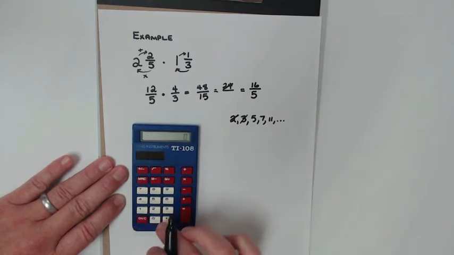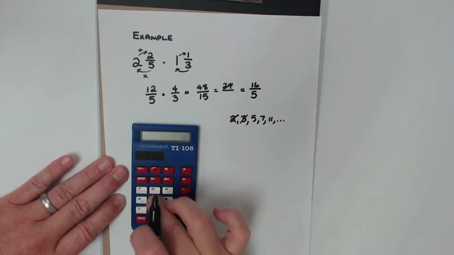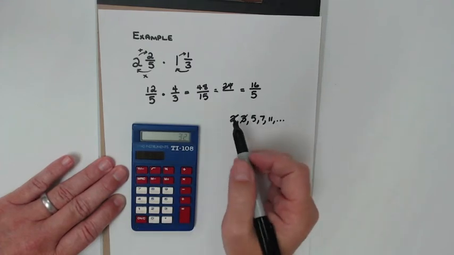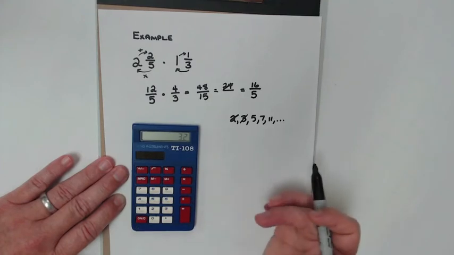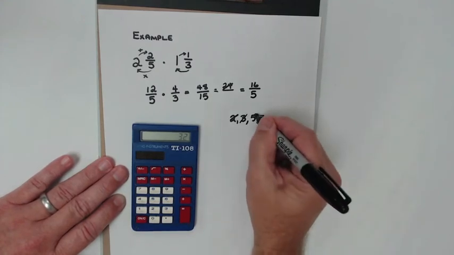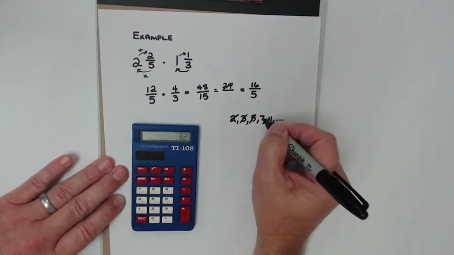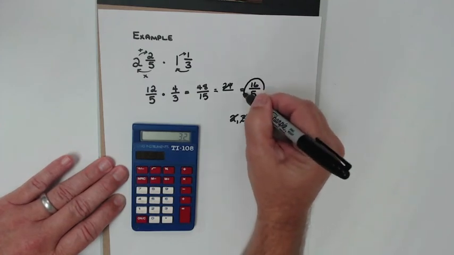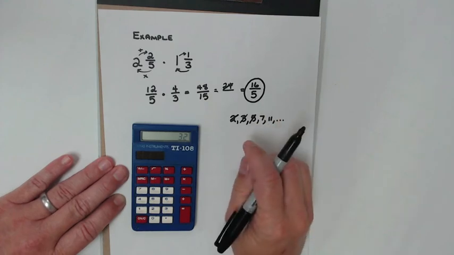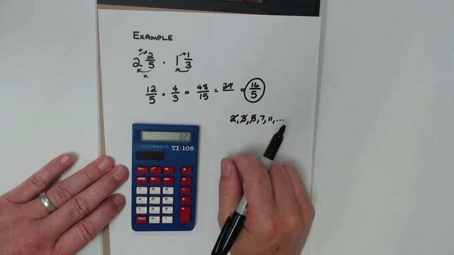Let's try 5. 5 will not go into 16, I get a decimal. As soon as I get to 7, 7 is bigger than one of the numbers in my fraction, so this is simplified. I can't do anything else to simplify this.